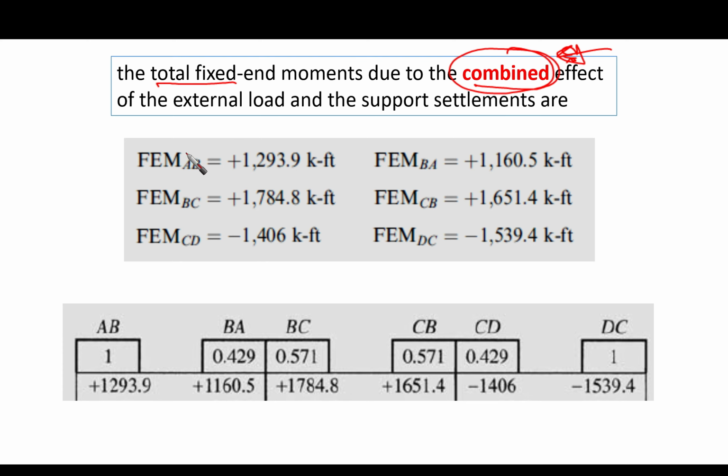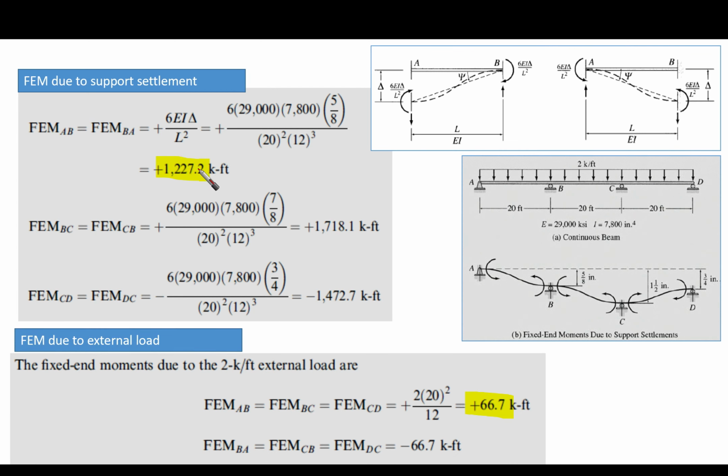So for example, the fixed end moment AB is going to be the summation coming from two sources. One source is related to the settlement of support, and another source is related to the external loading. So here we have 1,227 and we have 66.7.